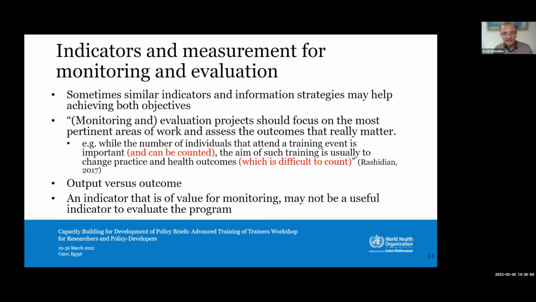So these principles are really important to consider when we are thinking of monitoring and evaluation. For example, in the WHO, we have a policy about travel planning. Travel should be planned, or the tickets and financial aspects of it should be done certain days before the travel, depending on the type of the travel. Because it can be measured easily, that's one of the things that we always report on very regularly. But that's not the main reason people travel.